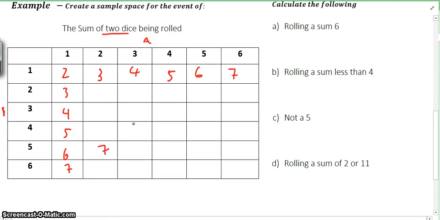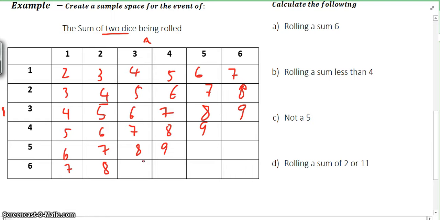This will be 7. This will be 7, 7, 7, 6, 6, 6, 5, 5, 4. Obviously you can do the additions if you want, but just to streamline time, I'll fill this in for you.